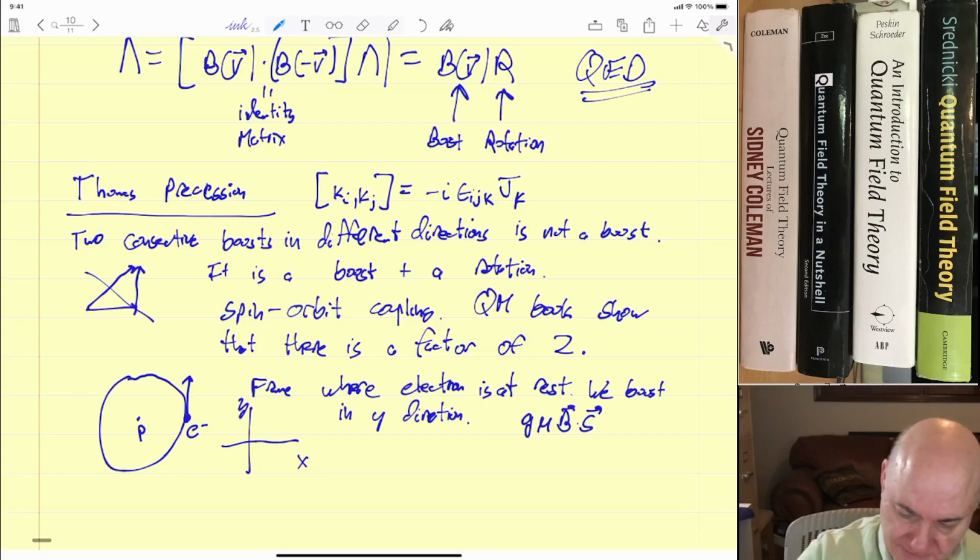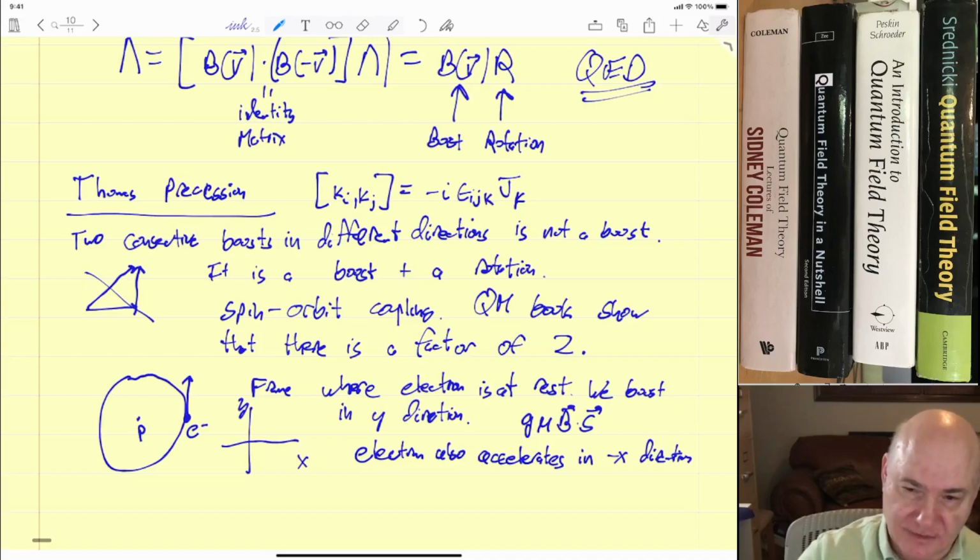Now, the problem is that even though it's at rest, the electron still feels an electrostatic attraction to the proton. So it's going to accelerate in the minus x direction. That leads to a change in velocity in the minus x direction, and in order to keep it at rest, we have to boost in the minus x direction.